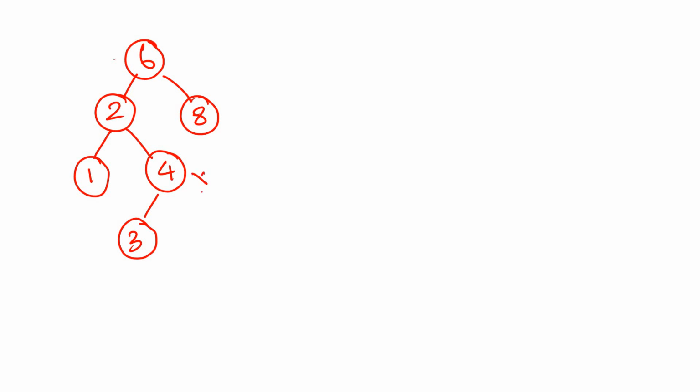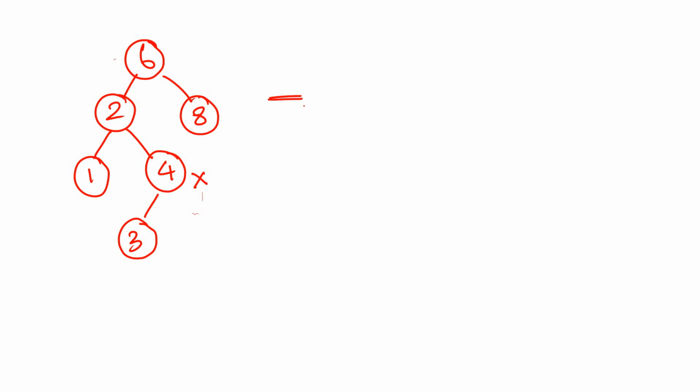So consider this is my x. I want to remove 4. So what are the properties to remove my non-leaf element? I need to identify the minimum of the right subtree. So there is no right subtree. So directly I am deleting this node.